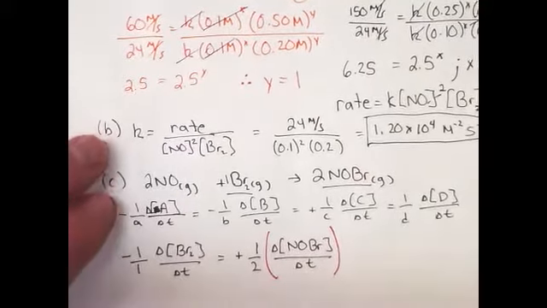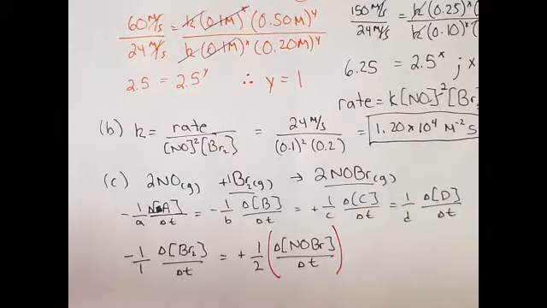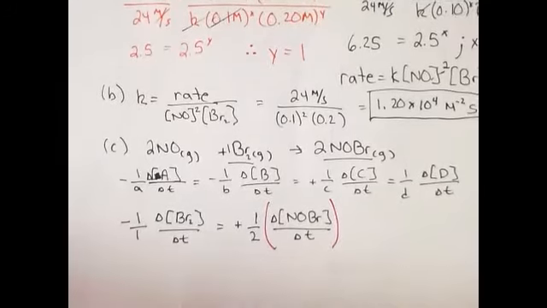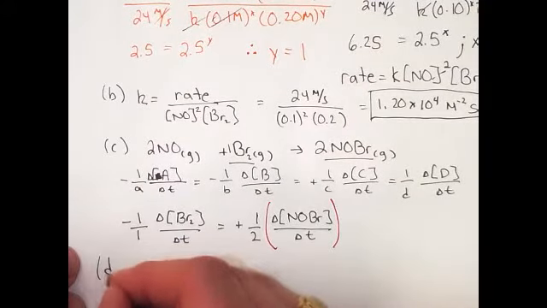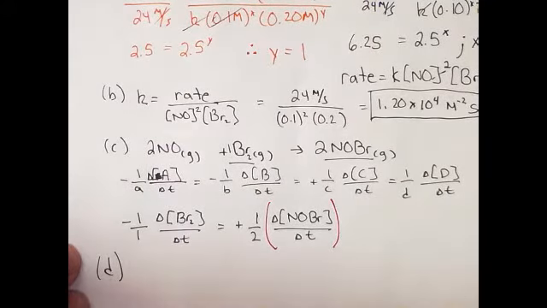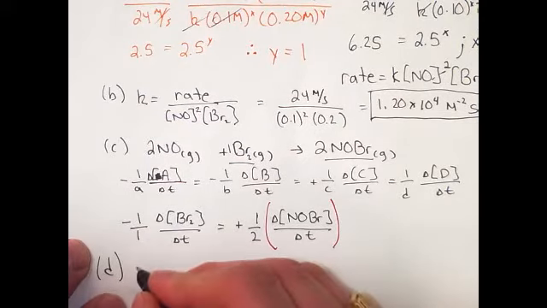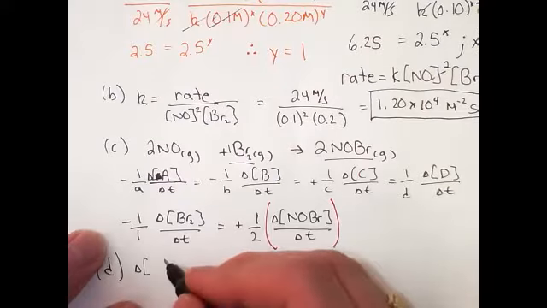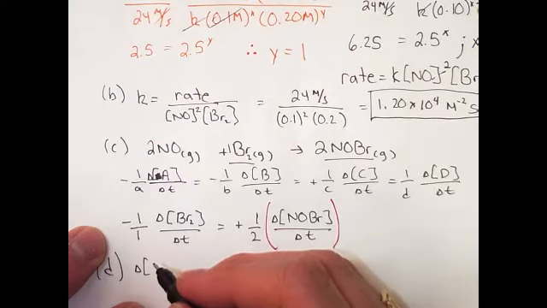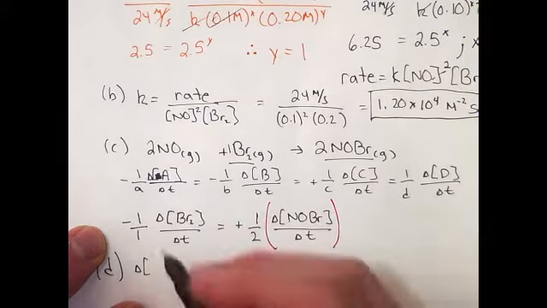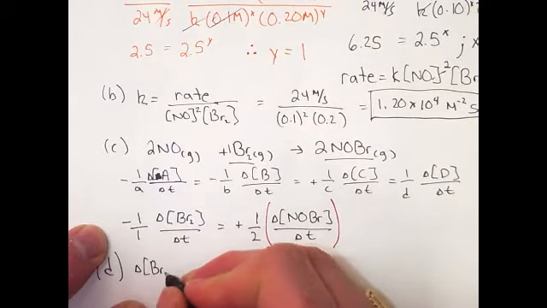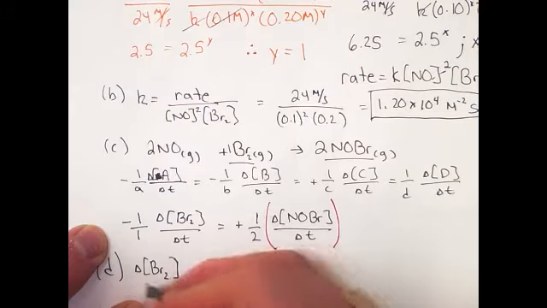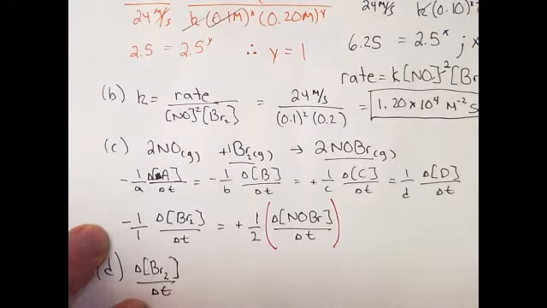So now for question D, we're just going to use this information. We're going to plug in the values. So the rate of disappearance of bromine is what we're after.